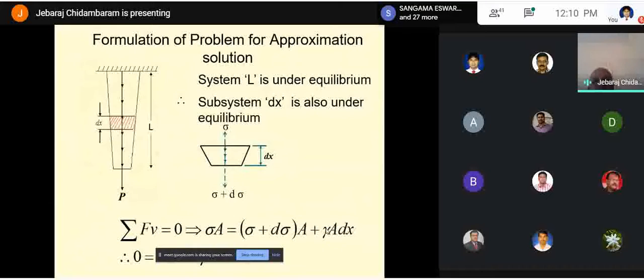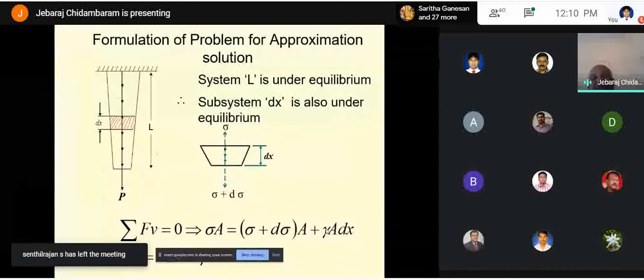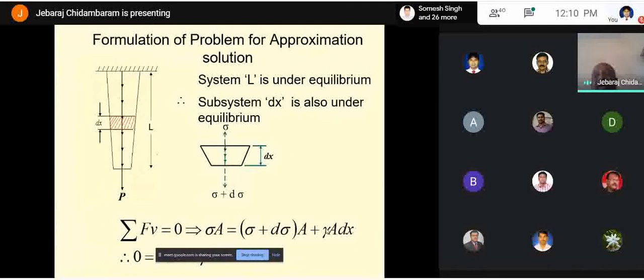All right, we are going to look at the case study of a taper bar with the self-weight. We said for a constant cross section, the displacement variation is linear. For a taper cross section, the displacement solution is logarithmic. For a taper cross section with self-weight included, the solution becomes highly complex.